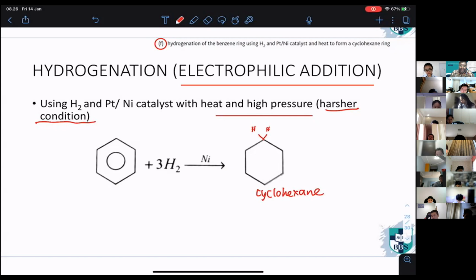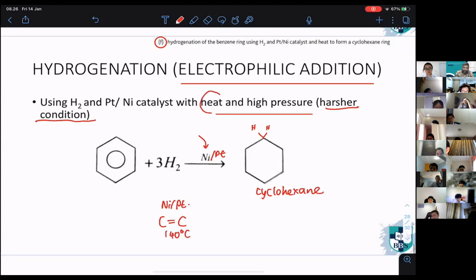So this reaction is going to be using nickel or platinum. This is similar to the hydrogenation with alkene. But for that hydrogenation with alkene, we actually use nickel and platinum at 140 degrees Celsius, if you can remember. And this one, because remember I told you you need harsher conditions, we are expecting the heat to be more than 140.